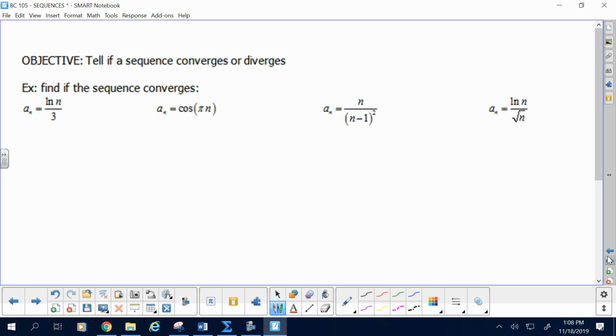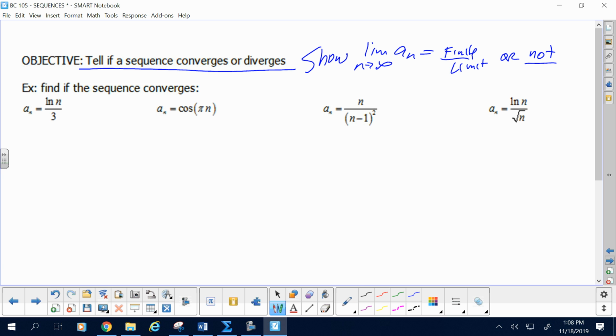If the question says, tell if the sequence converges or diverges, show the limit as n goes to infinity of the terms equals a finite number or not. To prove your answer, it is not just yes or no. It's justification work. So when I say find if the sequence converges, don't give me yup. That's not going to do it.